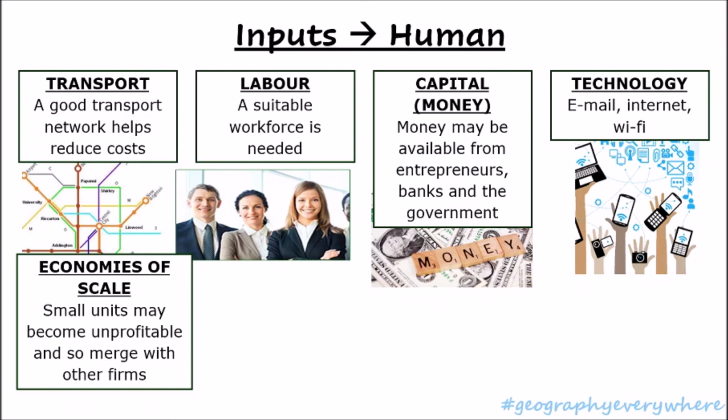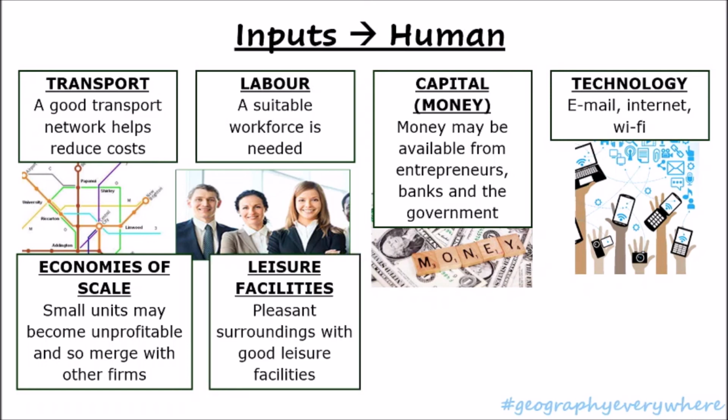Economies of scale means that small units sometimes become unprofitable, so they merge with or are taken over by larger firms. Another input that is human is leisure facilities. Sometimes some companies have good leisure facilities which encourage the laborers to be more efficient at their job.